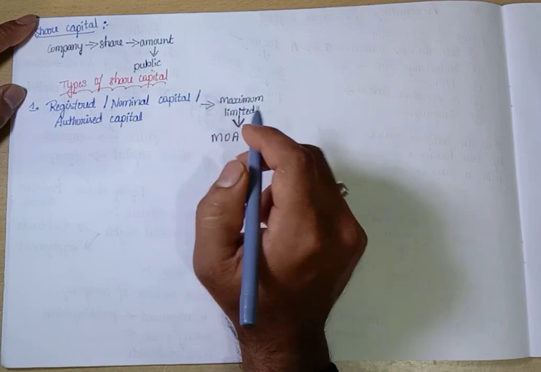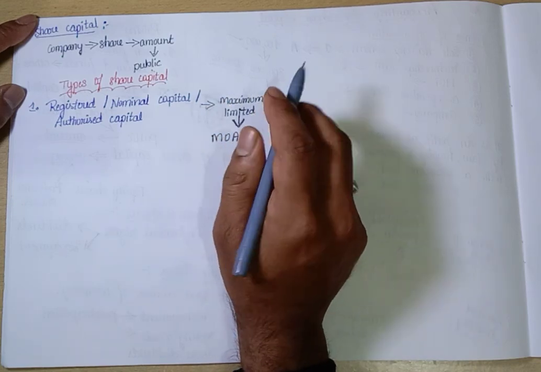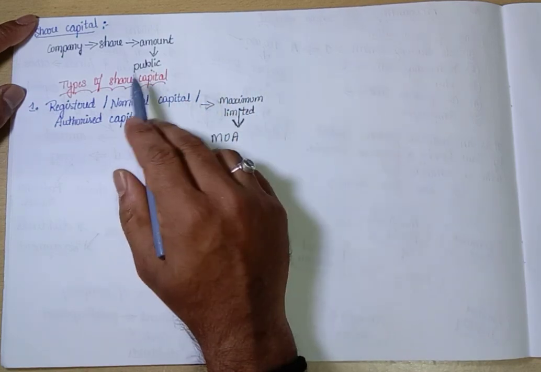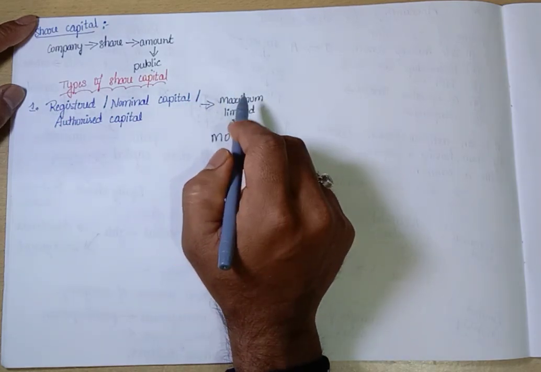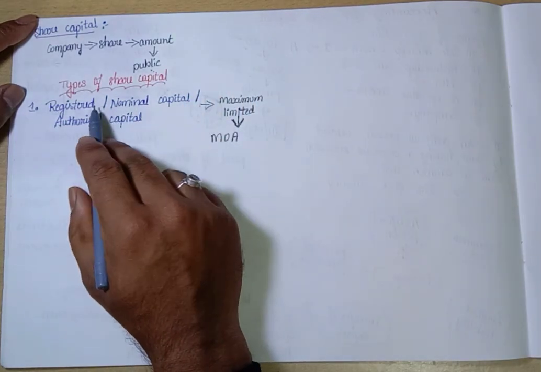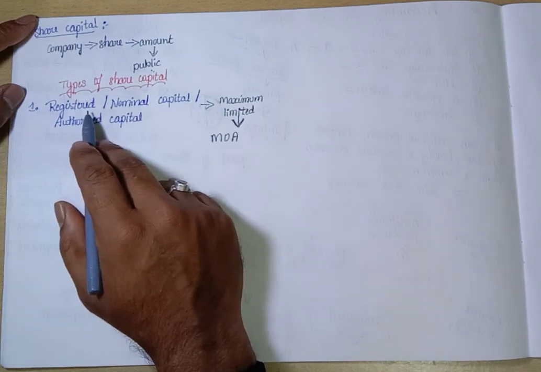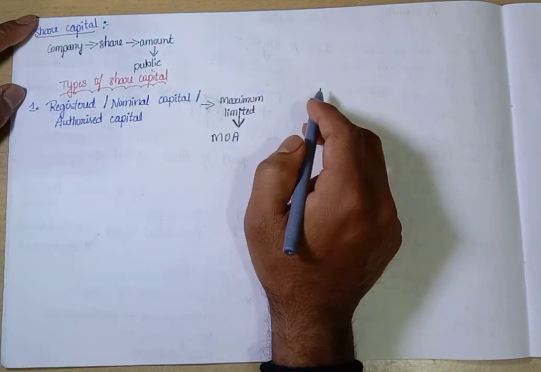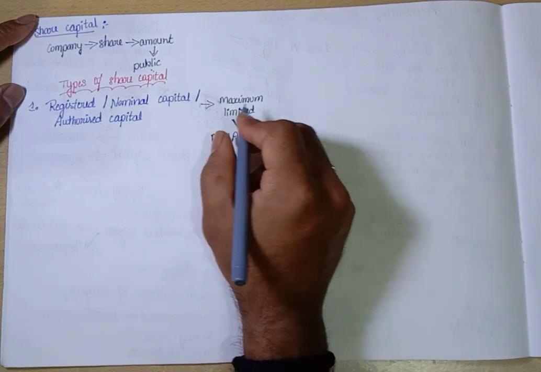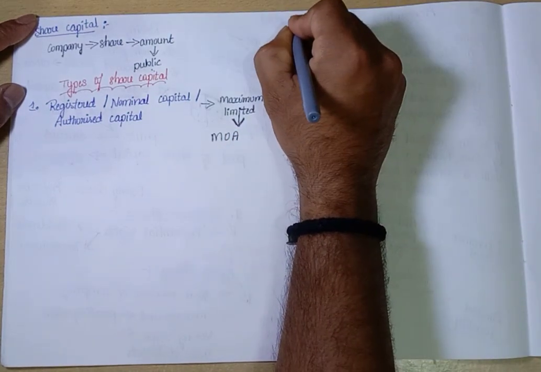So it is the maximum limit up to which the company can raise funds through issuing shares. That maximum limit permitted to the company, we call registered, nominal or authorized capital.